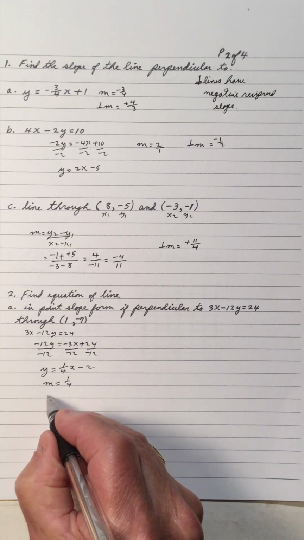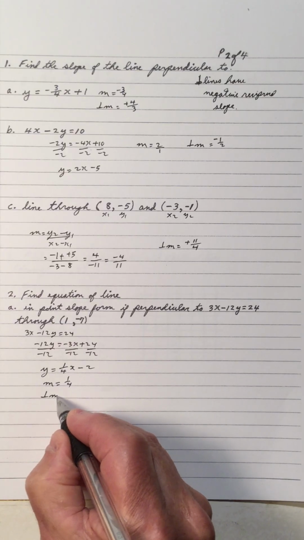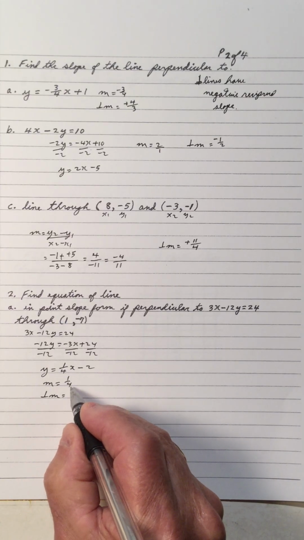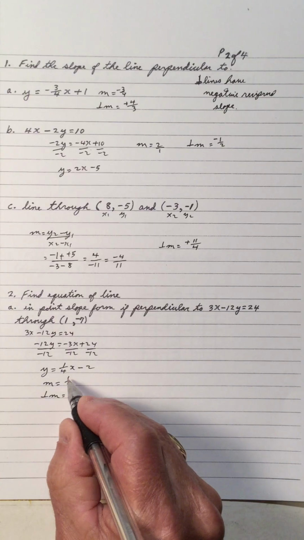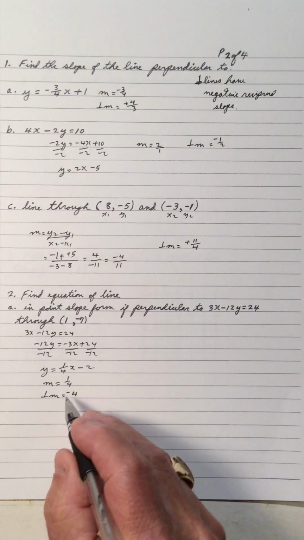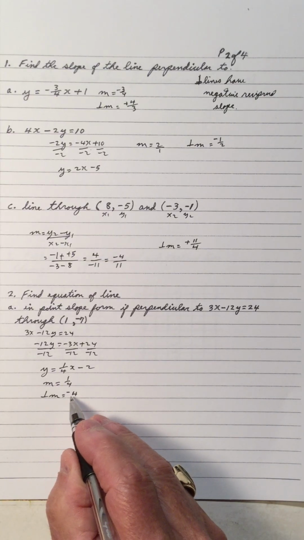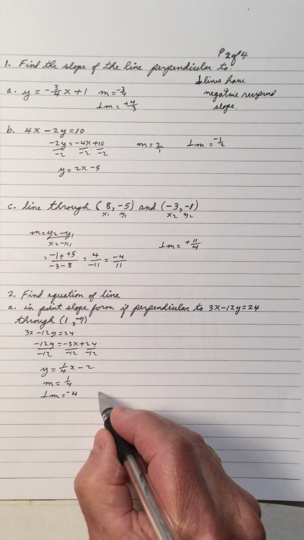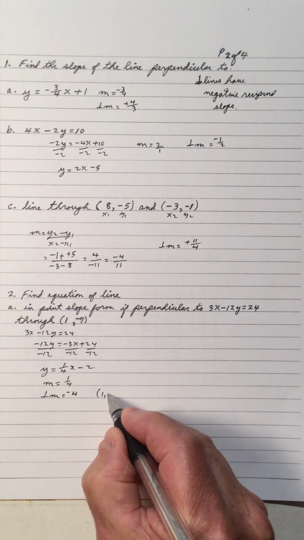So the slope of the perpendicular line is its reciprocal, 1/4 reciprocal is 4, and it's a negative. So the slope is -4, and it's going through the point 1, -7.